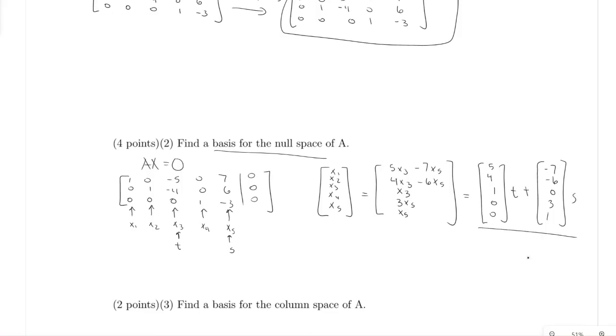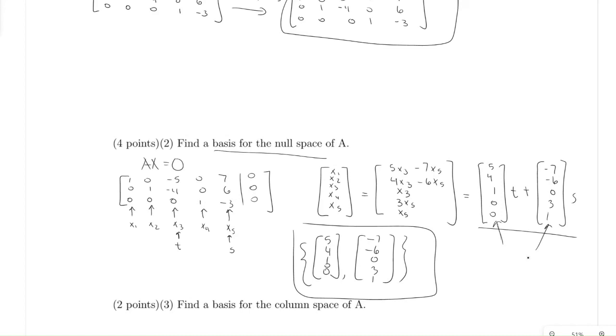This is the solution set for the null space of A, and thus the basis for the null space will be these 2 vectors, which means that the basis is 5, 4, 1, 0, 0, and -7, -6, 0, 3, and 1.